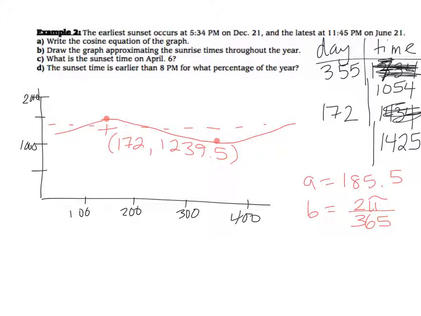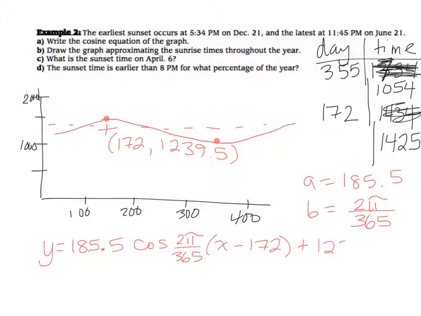So now we have A and B, C and D, and we can write the equation. Y equals 185.5 cosine of 2 pi over 365 times (x minus 172), plus 1239.5.